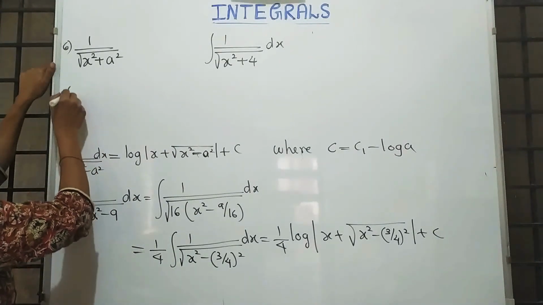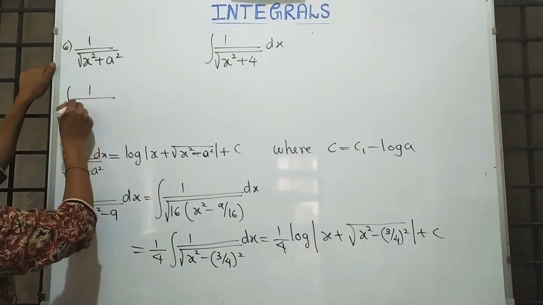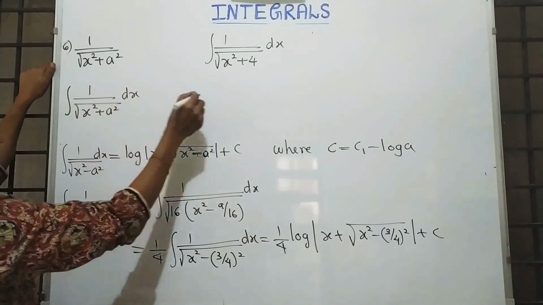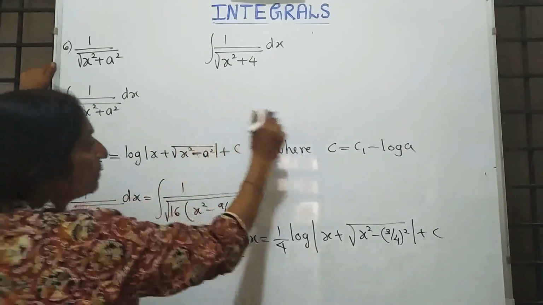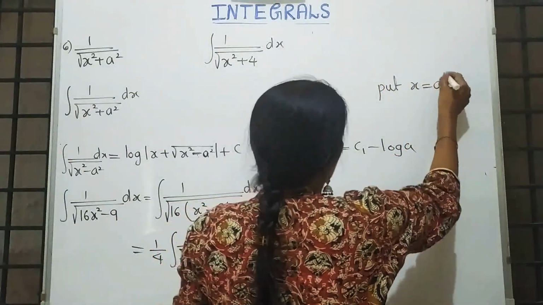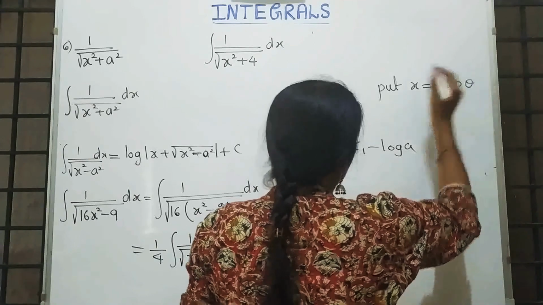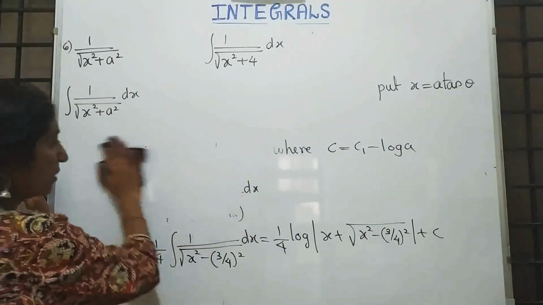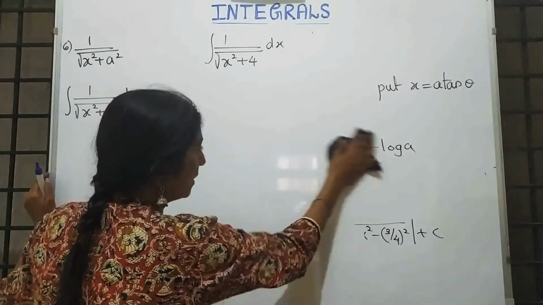First write it down with the integration sign, and here the substitution is, please note down, put x is equal to a tan theta.